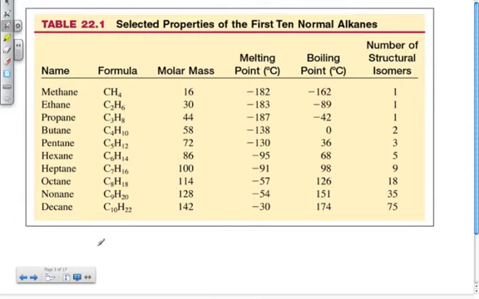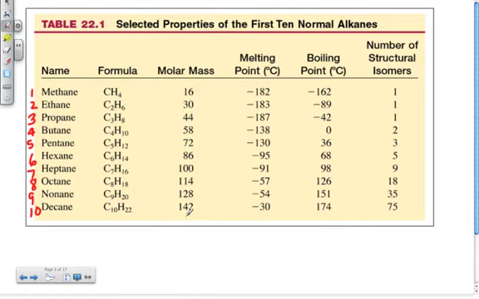These are the selected properties of the first 10 normal alkanes. These are your prefixes over here. If you recall, meth is 1, eth is 2, prop is 3, but 4, pent 5, hex 6, hep 7, oct 8, non 9, and dec 10, which you can see by looking at the general formula.